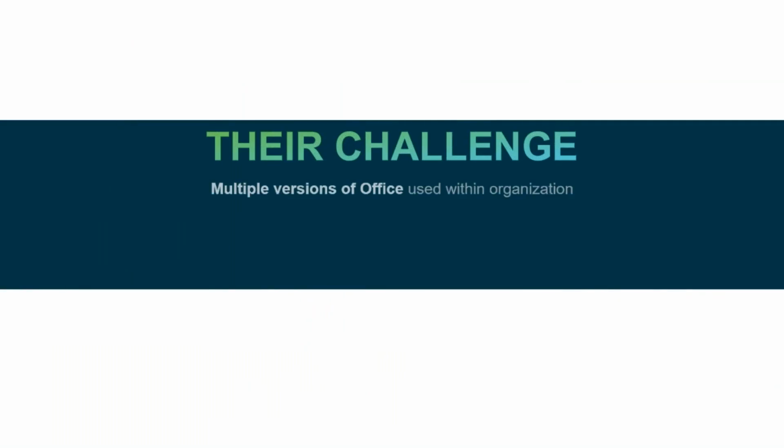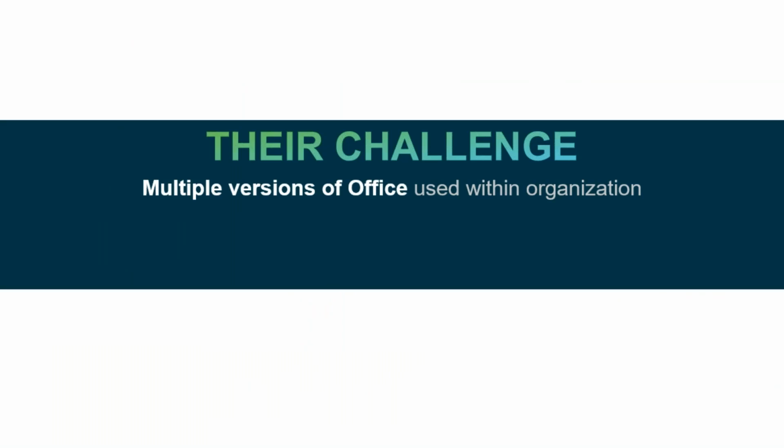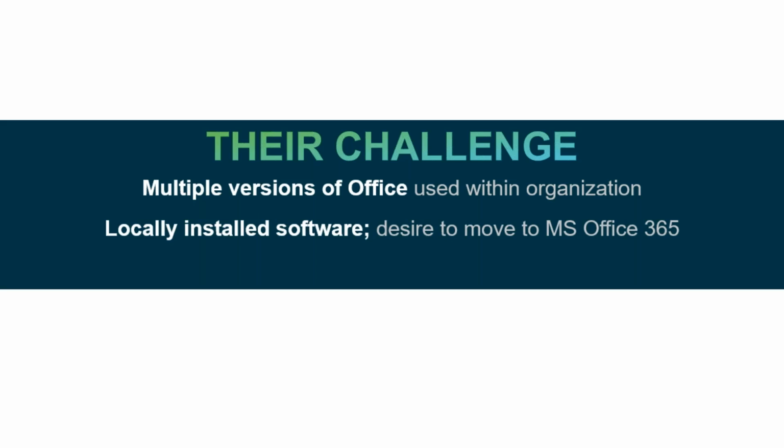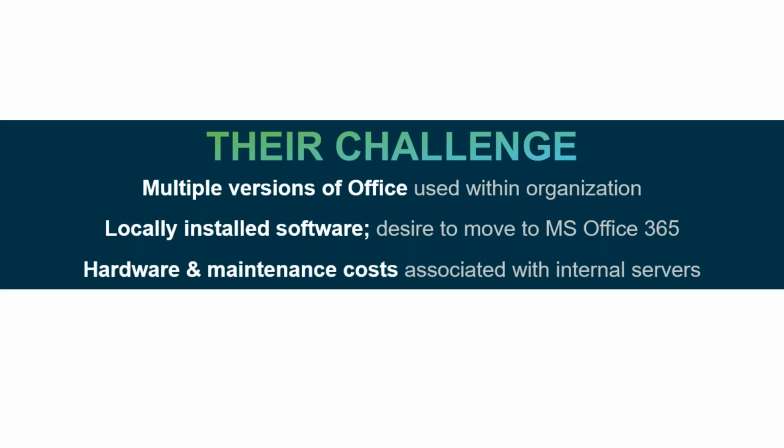So their challenge was that they had multiple versions of Office within their organization. They had all these Onbase documents that were Word documents, but different departments were using different versions of Office. Some were locally installed, some were in the cloud, some would have been 2019, some would have been Office 2021. And they had this big desire to move everybody to Office 365.